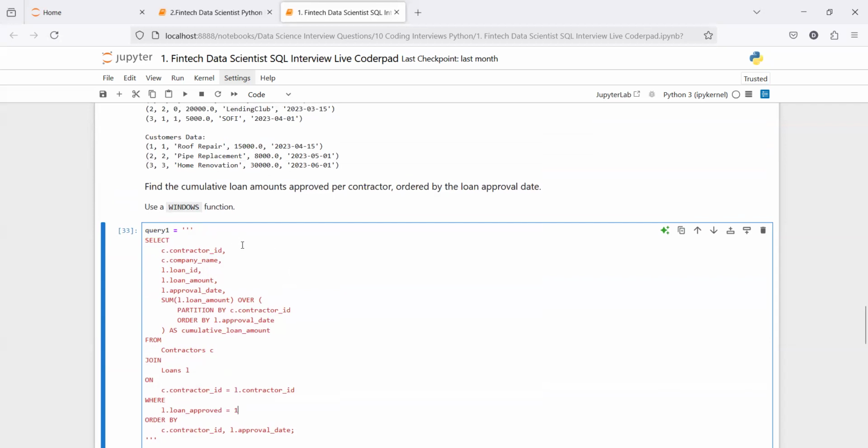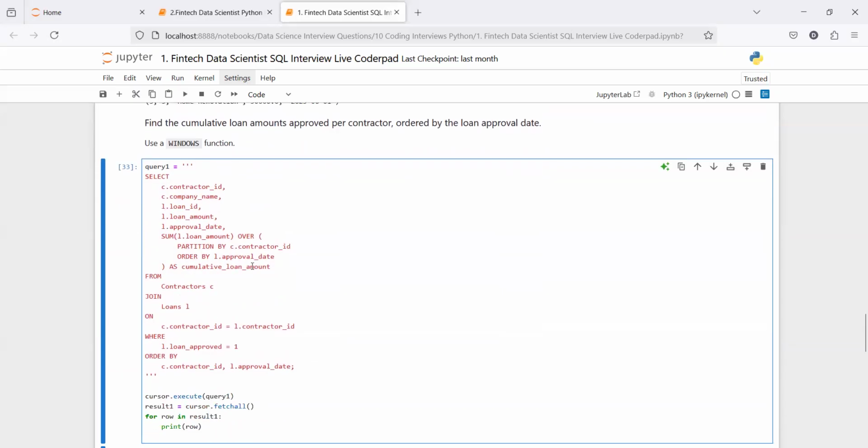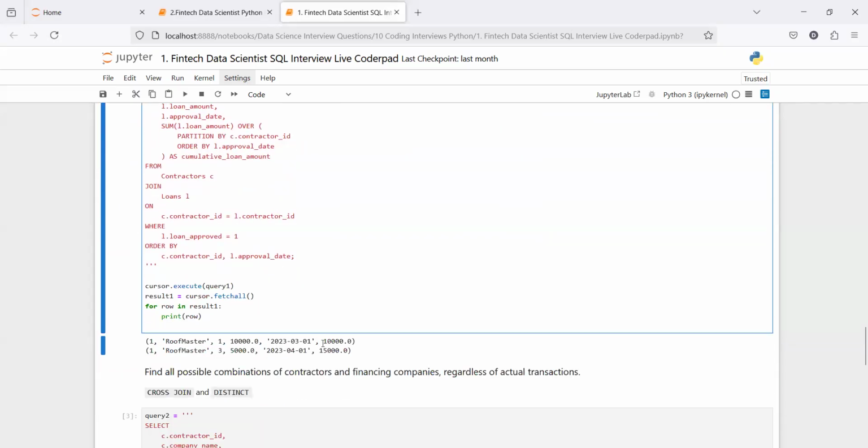And then in the select statement, what we would use is the sum over partition by contractor ID ordered by L approval date. Okay. And that window function would be embedded in the select statement because we want the cumulative loan amount. And when we run this, we get that 15,000 here being the cumulative amount and then by date.